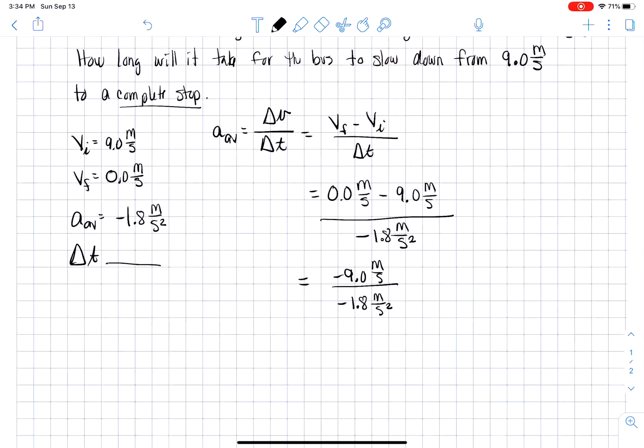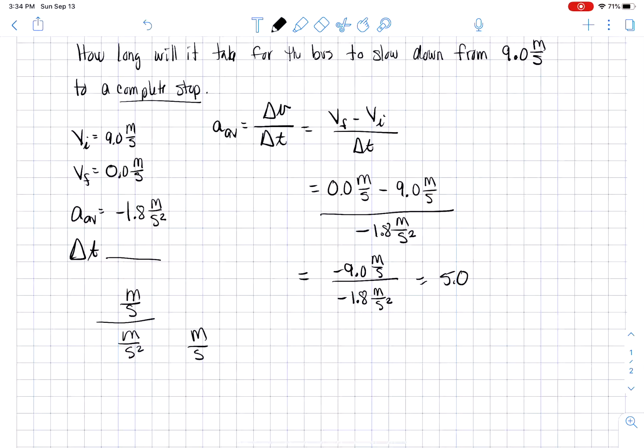So when we do 9 divided by 1.8, we get 5.0, and then the units will be meters over seconds over meters over seconds squared, which would be meters over seconds times seconds squared over meters. Canceling the meters and canceling one of the seconds, we end up with units of seconds. So here would be your answer. That is how you do a basic average acceleration calculation.